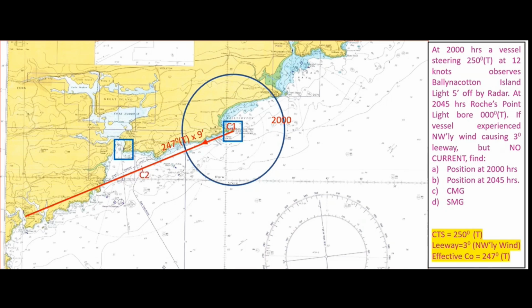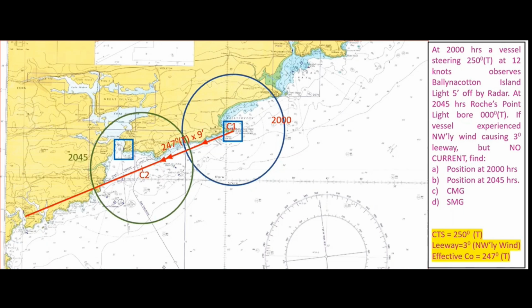That means now C1 is transferred to C2 because there is no current in this question. So with C2 as the center and 5 miles as the radius, we draw the transferred position circle. Why? Because C1 C2 is also the CMG, and C1 C2 is also the distance made good.